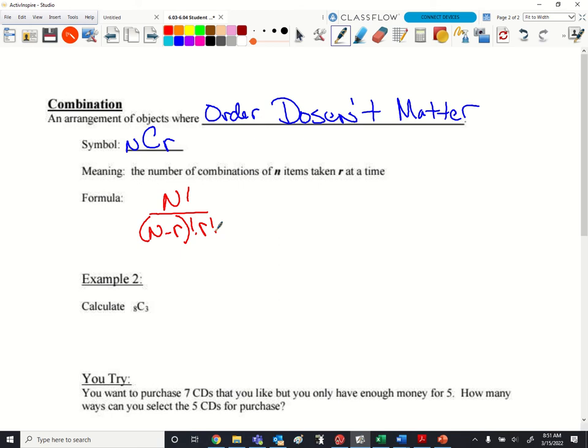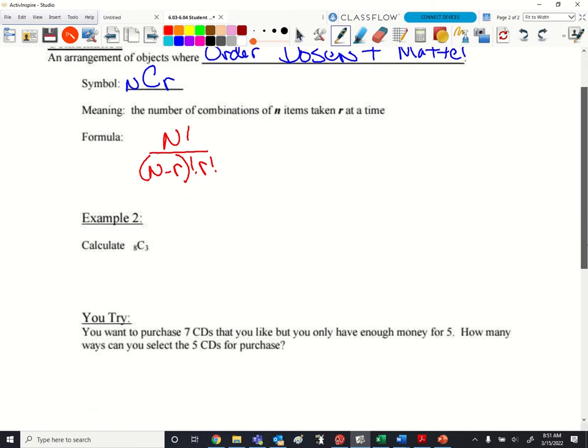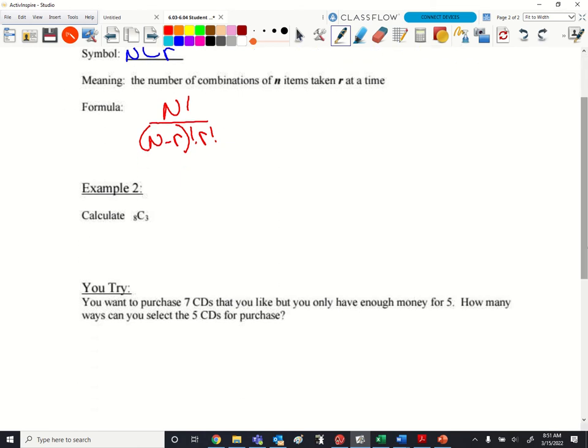All right, so we're going to do the same thing that we did, but on example 2. So I'm going to start it out by hand. It's going to be 8 factorial over (8 minus 3) factorial times 3 factorial.